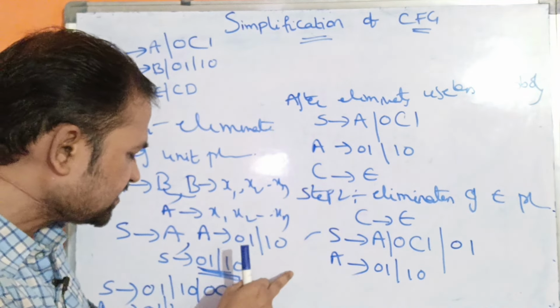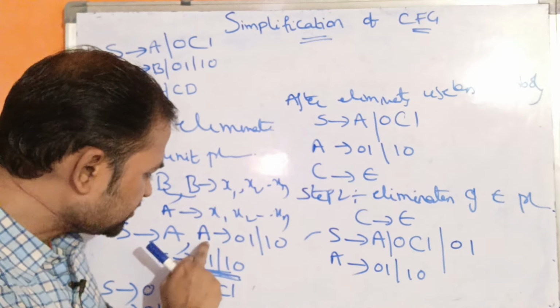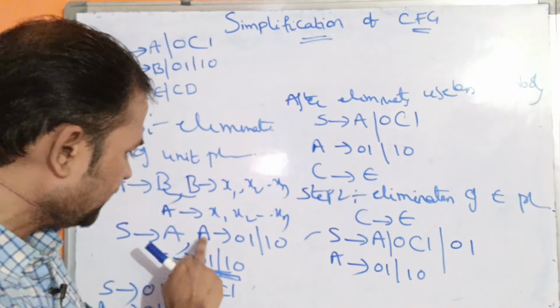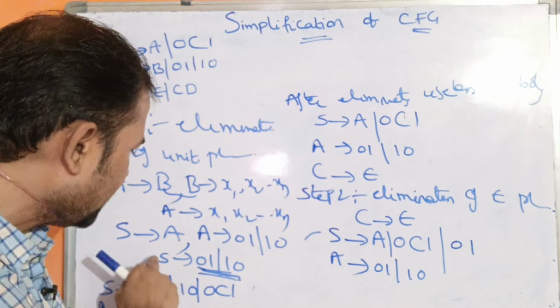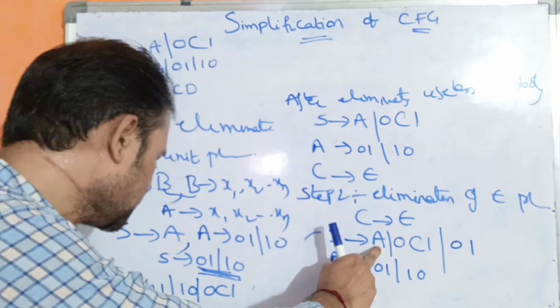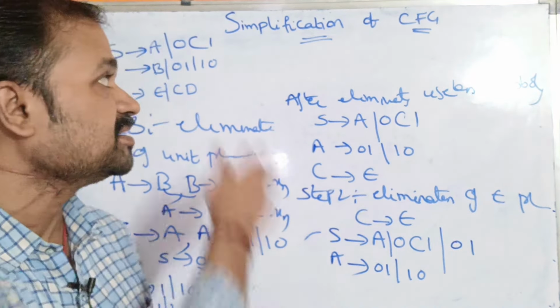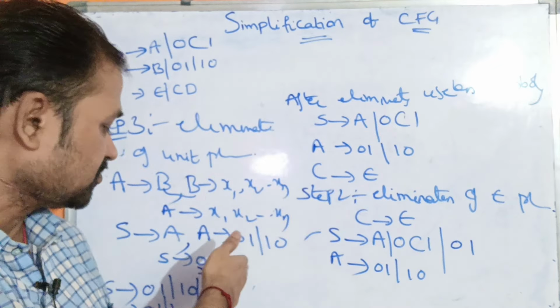Then we have to search for the production which begins with A. This is eliminated with S implies 0 1, 1 0. Here we are eliminating this production, so we replace with 0 1, 1 0. So these are the productions after eliminating the unit production. So this is the final grammar.